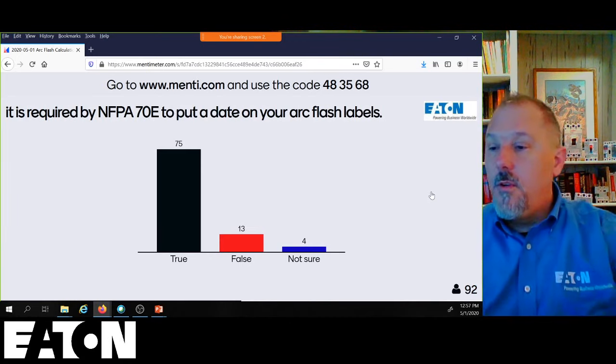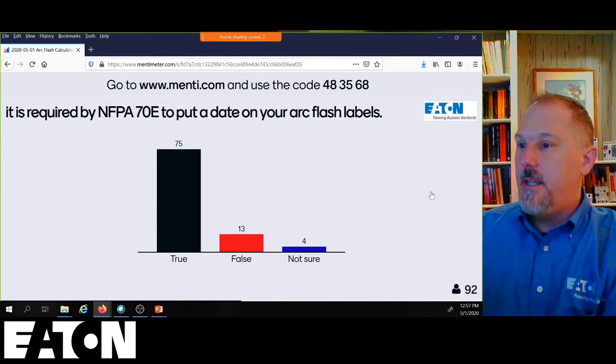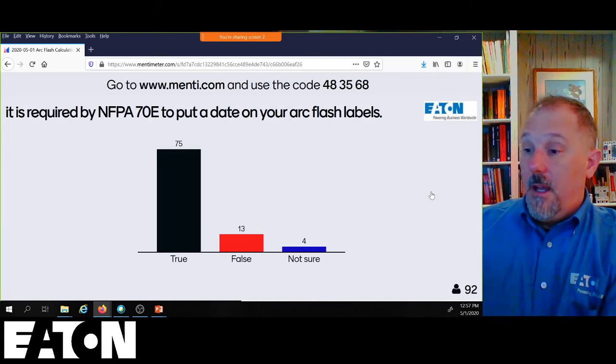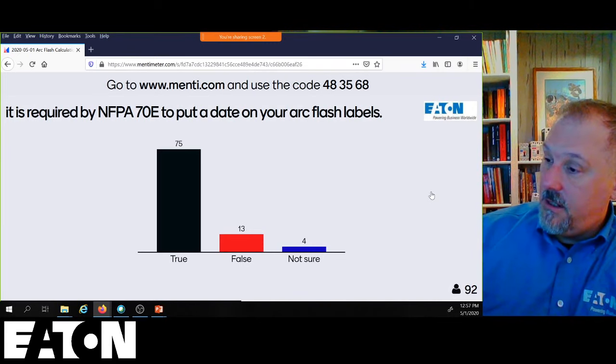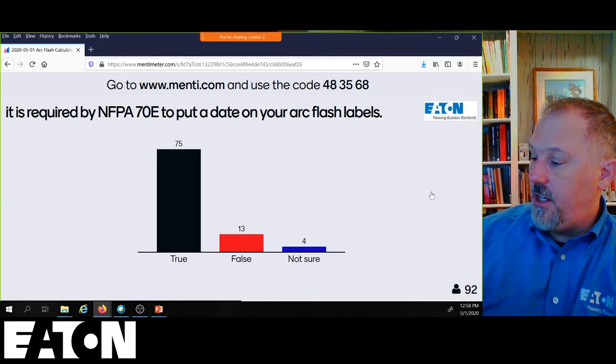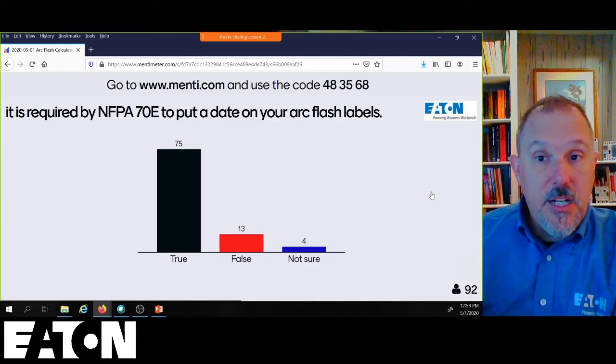But when you go to 70E, equipment labeling is in section 130.5(H). 130.5 is arc flash risk assessment, and H is equipment labeling.